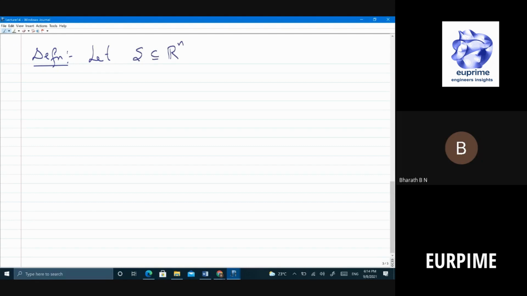The convex hull of S is defined as, you take all possible points, you take any number of points and do the convex hull of it, right? So that gives me this set.